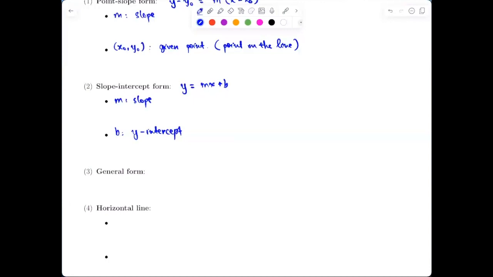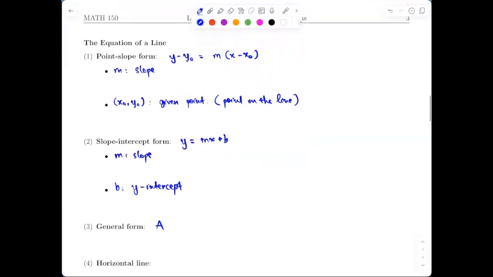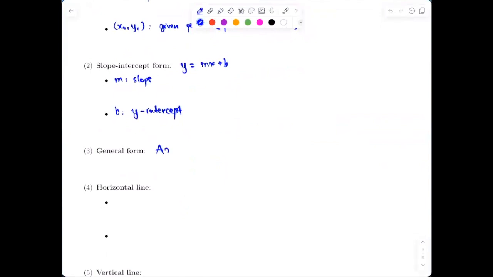And the last form, usually we don't use that much. It has the form of capital A times x plus capital B times y equal to capital C, where A, B, and C are constants.